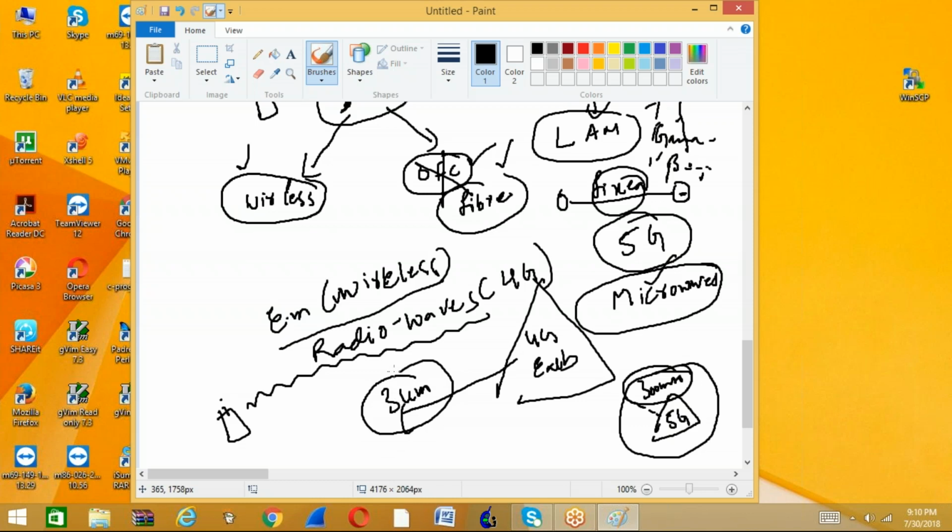It can even cover more distance, but throughput dips, so generally we cover 1 to 3 kilometers. But for the 5G base station, as they are using microwaves, the coverage is small. So as of now, we can discuss this part.